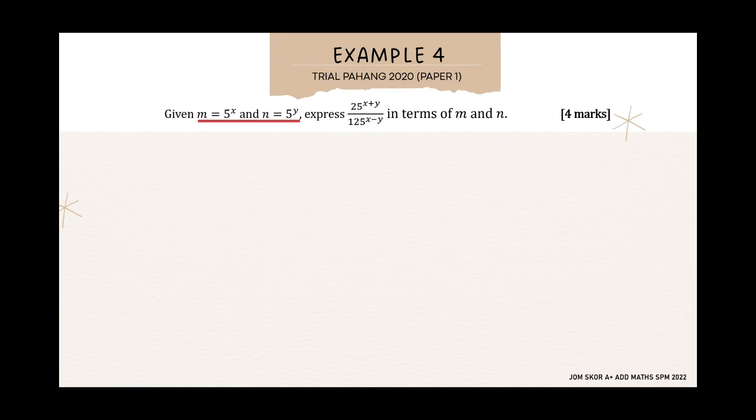Jadi kita kena guna M is equal to 5 to the power of X and N is equal to 5 to the power of Y. Dia nak jawapan akhir dalam sebutan M dan juga N.